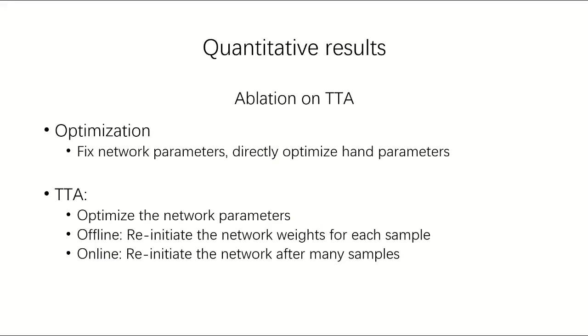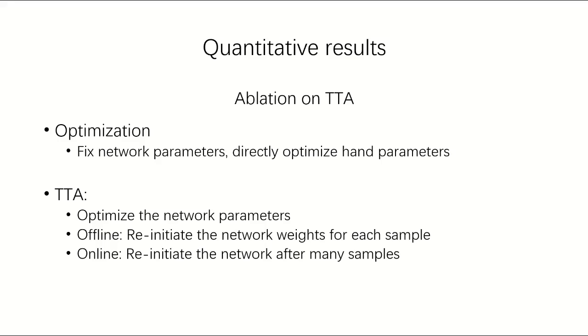We further compare the learning-based TTA with the optimization-based one. The optimization means that we fix the network parameters and directly optimize the hand parameters. The TTA means we optimize the network parameters by learning. The offline TTA reinitiates the model parameters as the pretrained ones for each test sample, and the online TTA reinitiates the model parameters for multiple test samples.